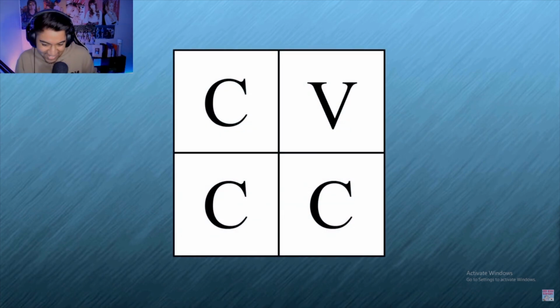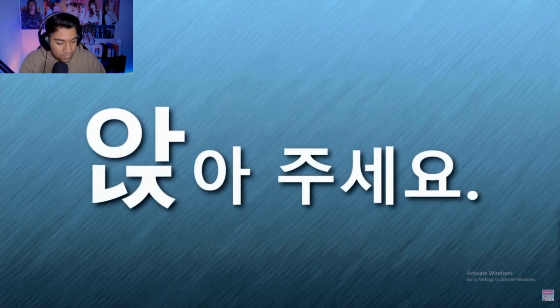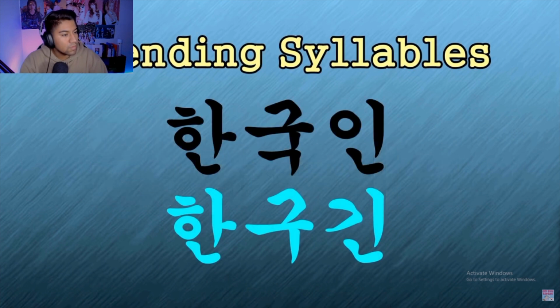This syllable block can be used for making syllables using 4 letters. Specifically, this block is used with a vertical vowel. Let's take a look at a quick example. 앉아 주세요. This phrase means, please sit down. You'll notice that the very first syllable has 4 letters in it. Remember from the last lesson where we learned about blending syllables using the empty consonant.